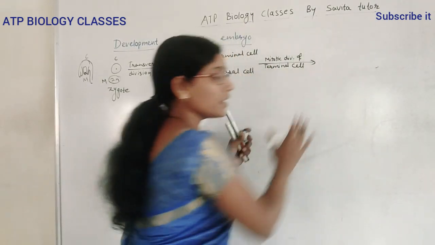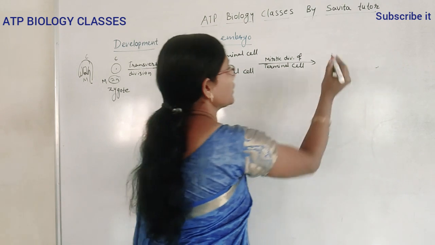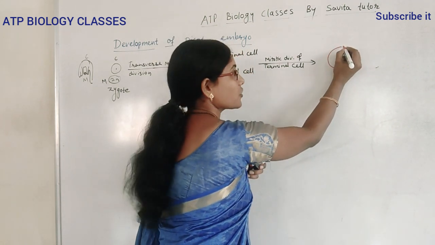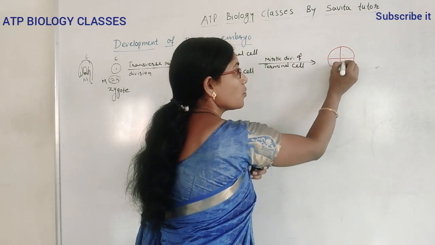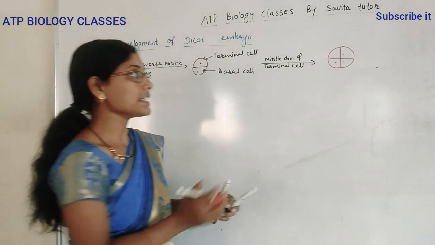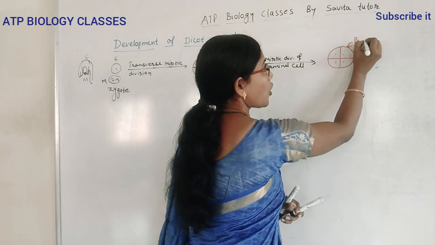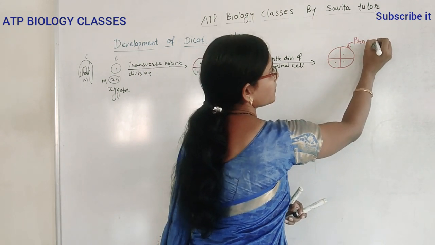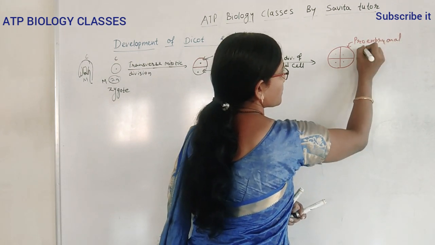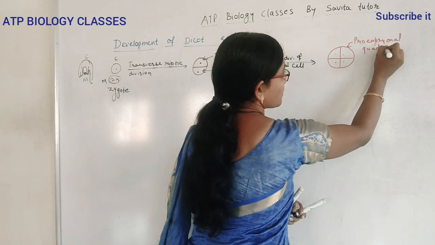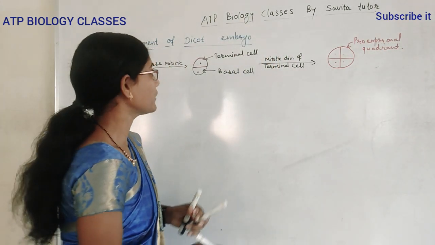It is forming the quadrant, proembryonal quadrant. See here, 4 cell structure is forming. This 4 cell structure is called proembryonal quadrant. Quadra means 4 cell structure.